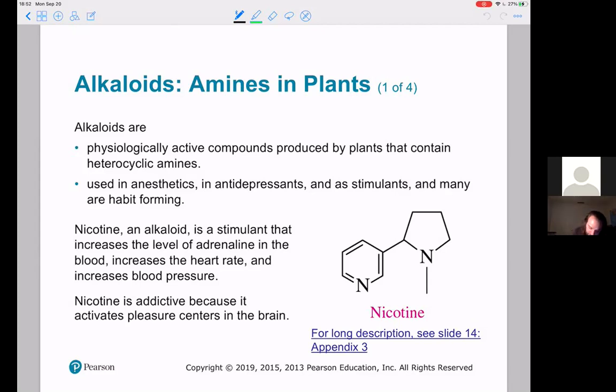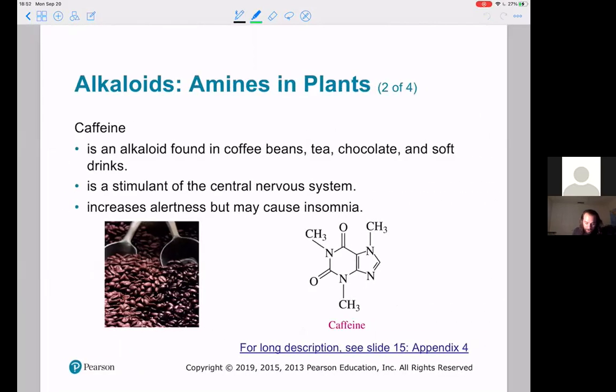And notice that nicotine is a heterocyclic compound, actually a combination of 2. We have a nitrogen in this, it's almost like a benzene ring, but not quite, as well as a nitrogen in this 5-membered ring. And those connected, that's a nicotine compound. Another alkaloid would be caffeine. Another famous one, right?